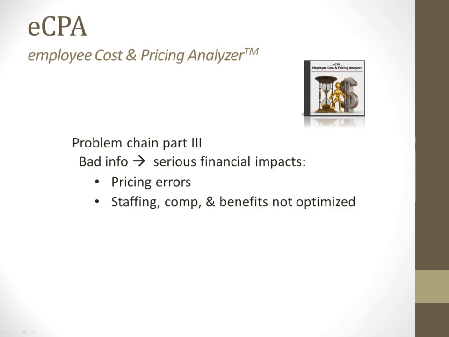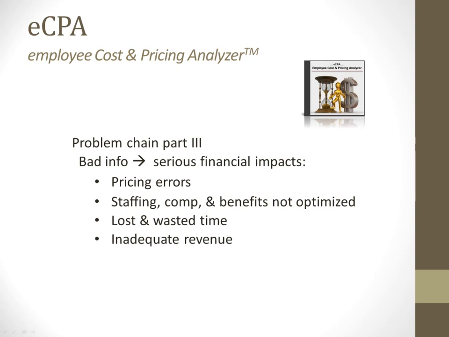Also, taking a look at staffing, the number of people on staff, compensation, and benefits weren't being optimized. We also saw lost and wasted time because employees didn't understand how much their time was actually costing the company, and owners underestimated the value of those employees and what time was being lost and how much it was costing.